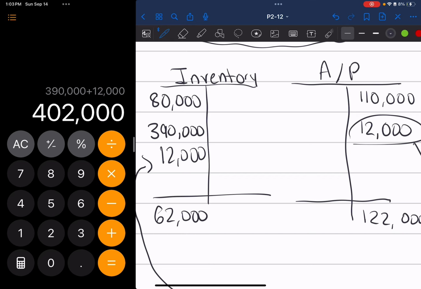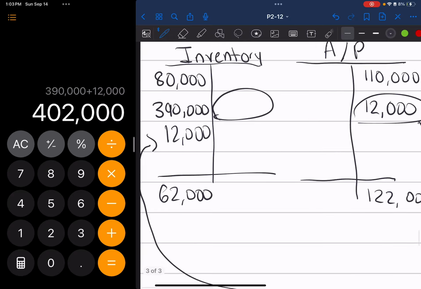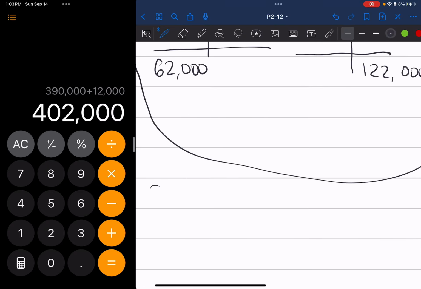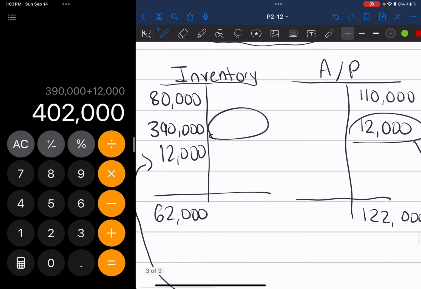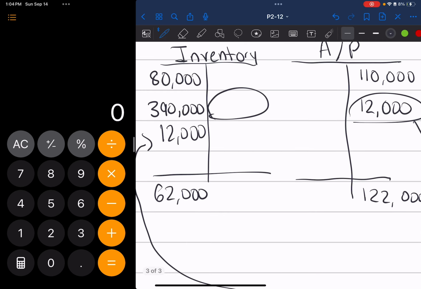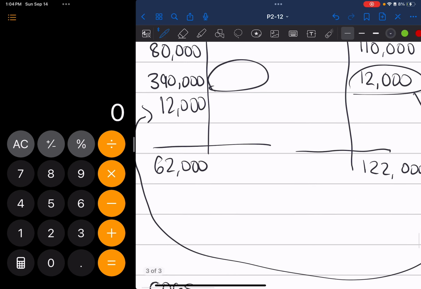So cost of goods sold is basically the credit side of inventory. Whenever inventory is sold, the entry is cost of goods sold, and you lower inventory. So that's how we're going to find cost of goods sold. We have everything we need for the T account, and so you just have to solve. Sometimes I like putting this in an algebraic equation.